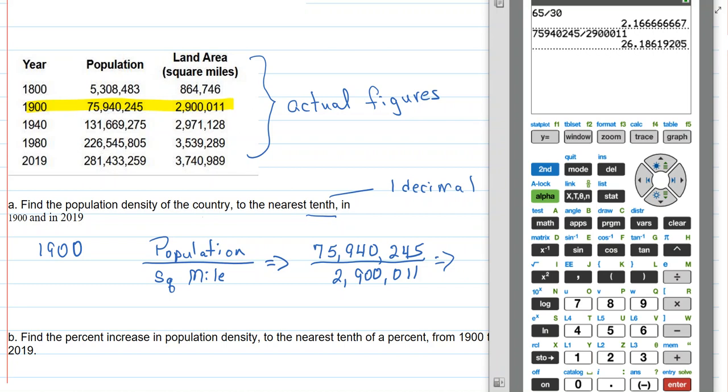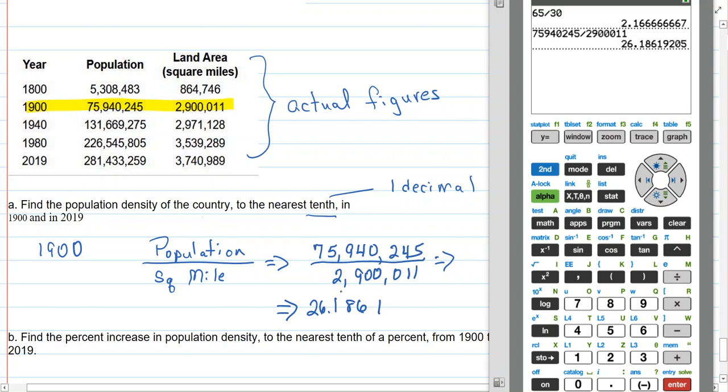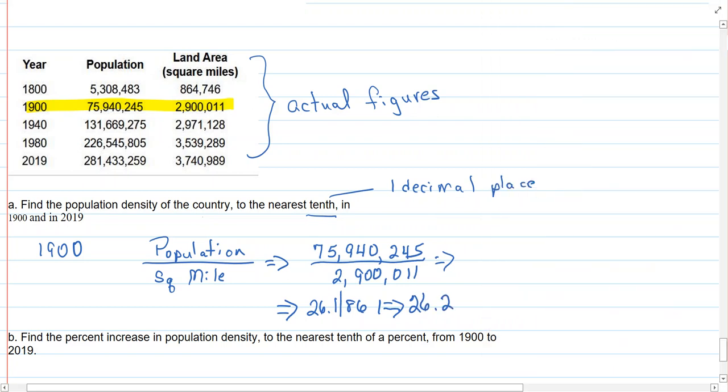And I get 26.1861, and we want one decimal, so that would give it to us as 26.2, and we would write it as people per square mile.